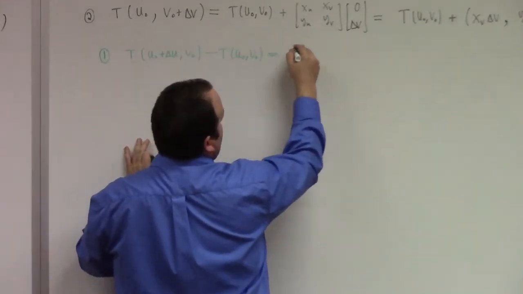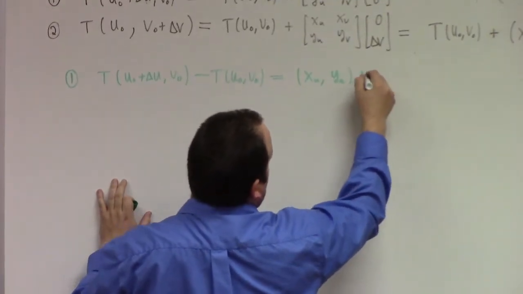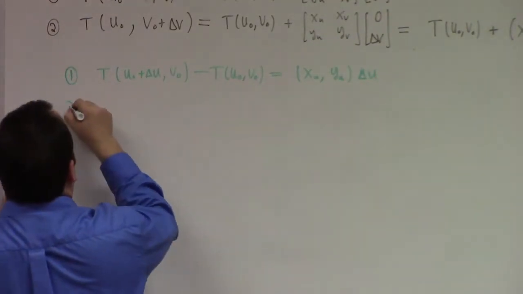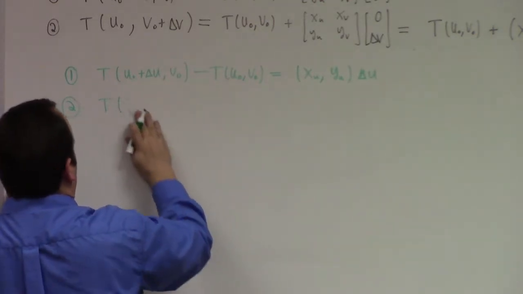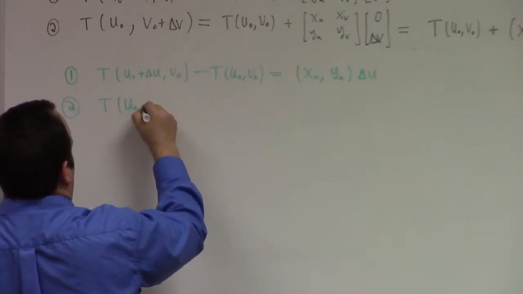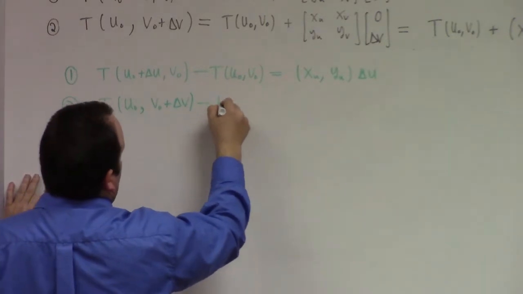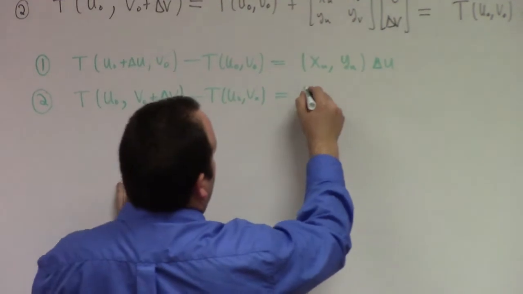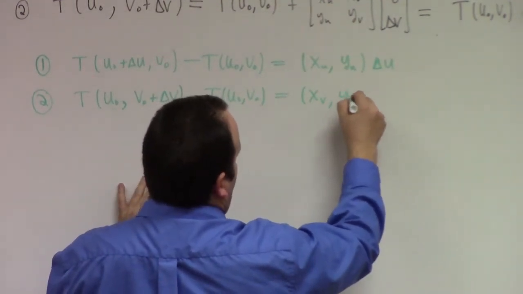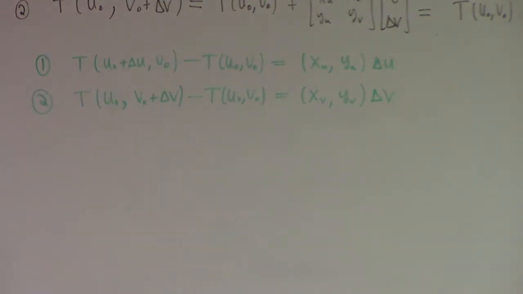That gives me xu, yu times delta u, and 2 gives xv, yv times delta v. So those are these vectors 1 and 2.